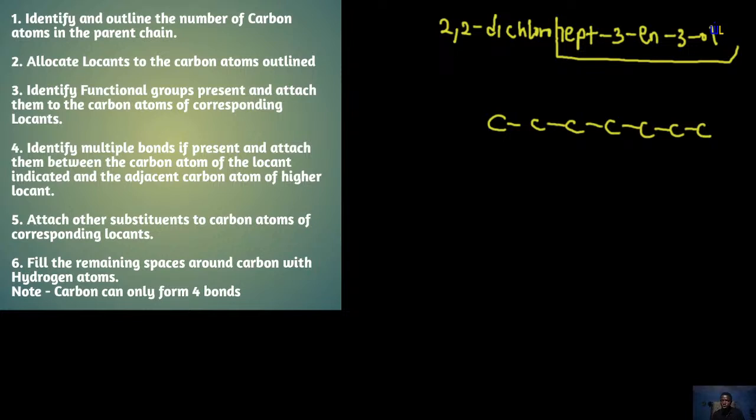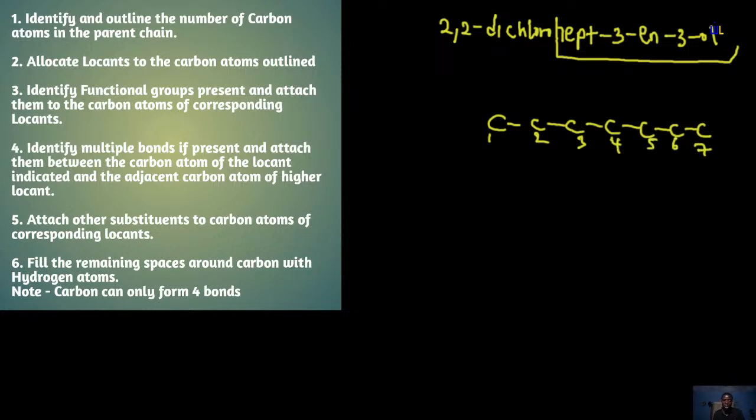That's the first thing you need to do. Make sure you outline the number of carbon atoms. Then we go to the next rule. The next rule says allocate locants to the carbon atoms outlined. So just give your numbers: 1, 2, 3, 4, 5, 6, 7.